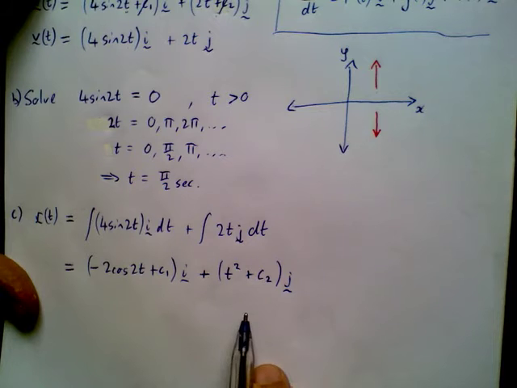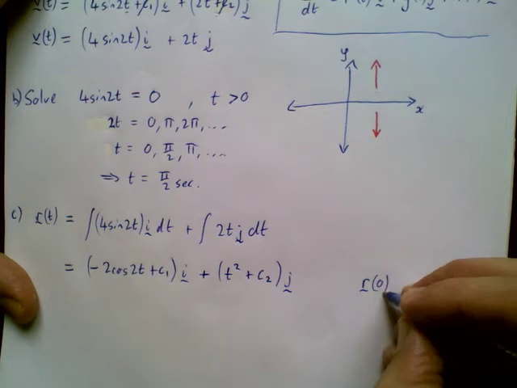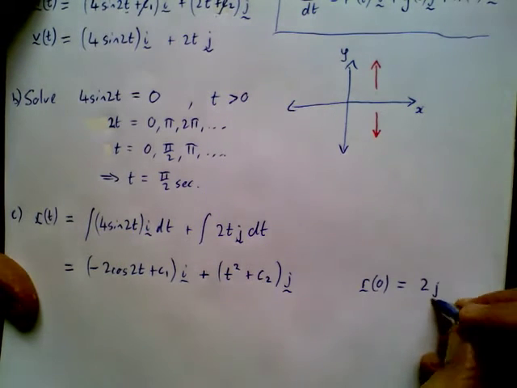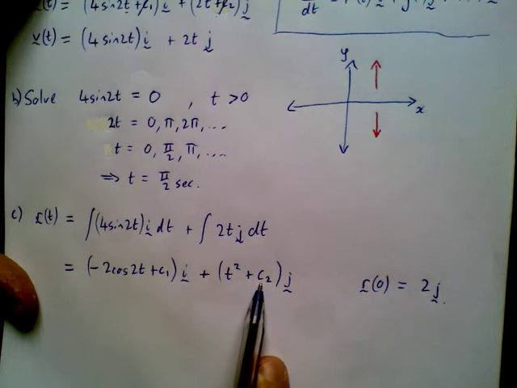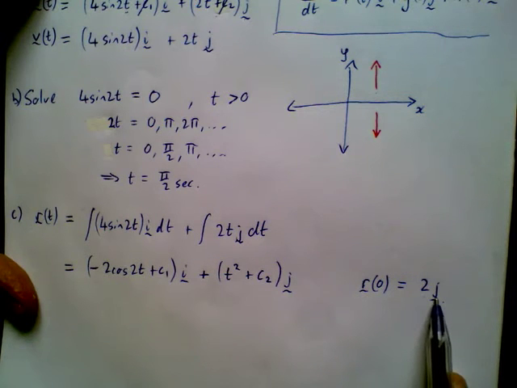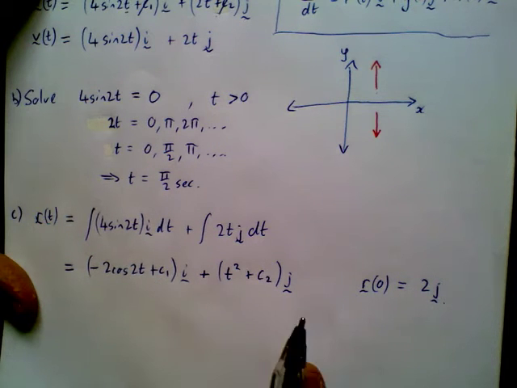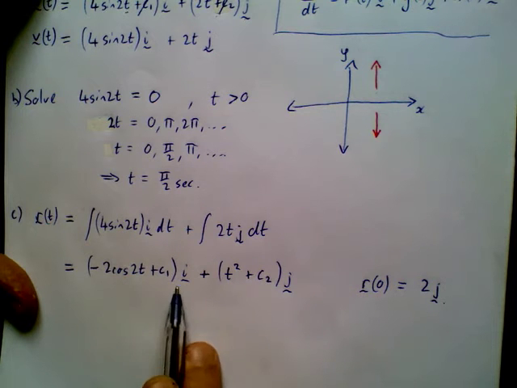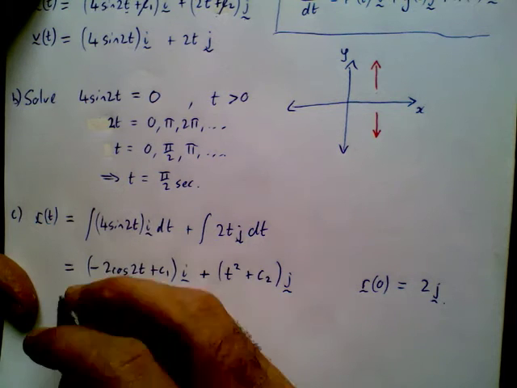We can now go back and have a look to see what was happening initially. Initially it was at rest, but it had a position vector of 2j. We can use this piece of information to work out our constants of integration C1 and C2. This position vector of 2j is effectively 0i plus 2j. So first of all, for the i component, we want it to be equal to 0. Now, got to be a little bit careful here, because you might think the i component is 0, so C1 must be 0, but that's incorrect, because this is cos instead of sine.